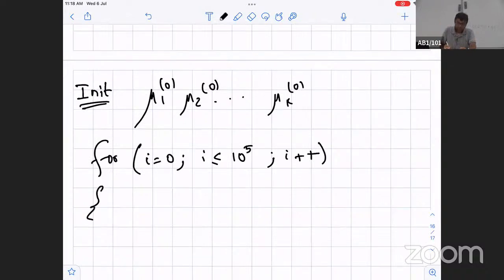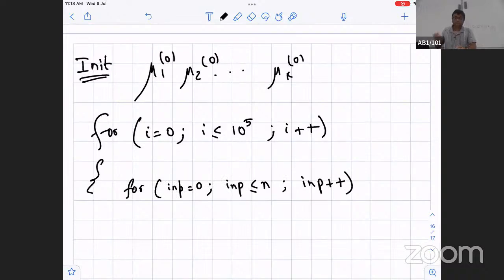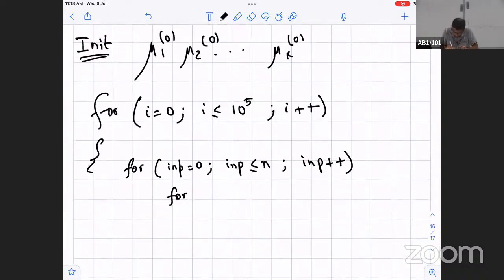Now I need to check, for input point going from 0, input point less than or equal to n, input plus plus. I'm going through every point. Then I will loop through cluster index, which goes from 1, cluster index less than or equal to k, cluster plus plus.